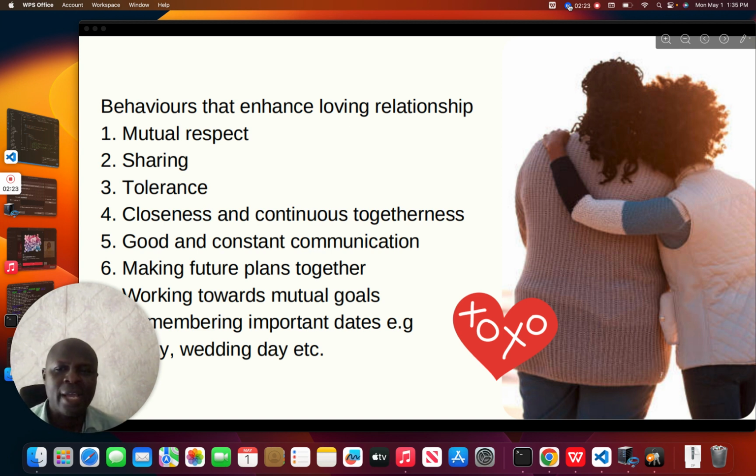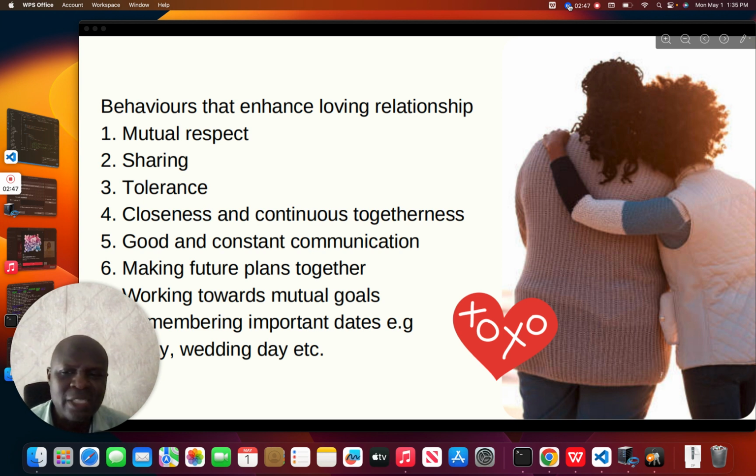Another behavior that enhances loving relationship is through sharing. You see, when you love somebody, you must be ready to share your ideas, share material things that will really make you to be a good person, that will really make you to be a good citizen.